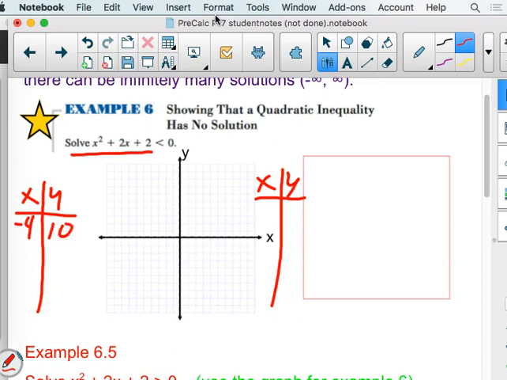So we had -4, 10, -3, 5, -2, 2, -1, 1, 0, 2, and we'll go over to that one. 1, 5, and 2, 10. So this would be visual graphical evidence of the fact that this doesn't have any solutions once we get a graph.